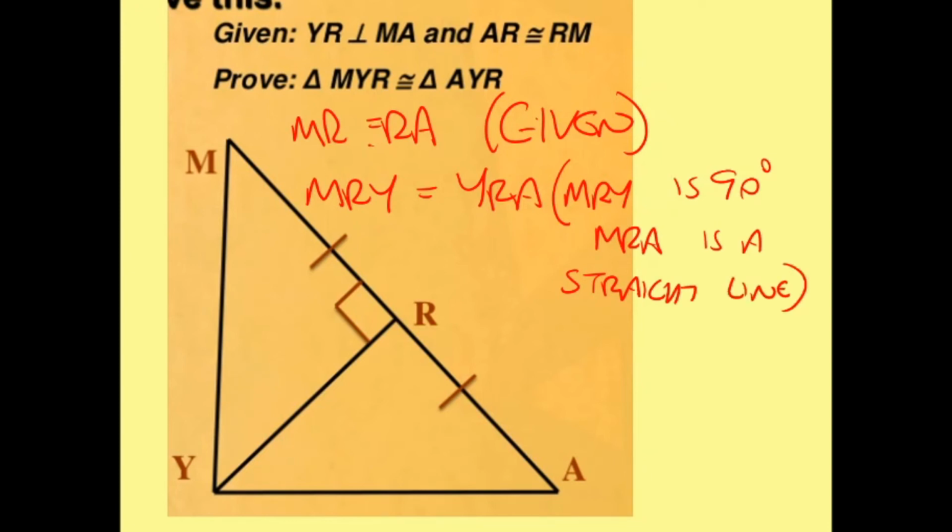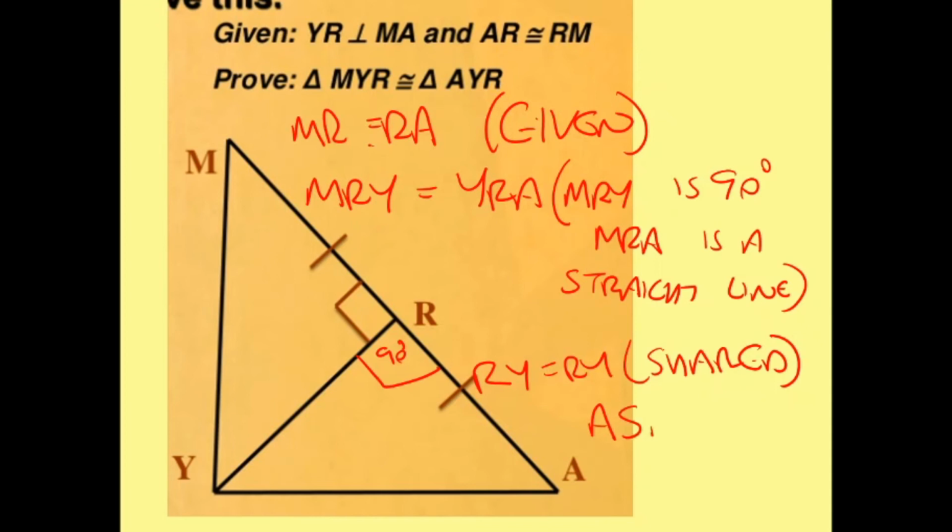And because it's a straight line, this must also be 90. But make sure that you put that in your response. You don't just assume that it is 90. Okay? And let's do the easy one, which I'll be honest, I always forget. RY has got to equal RY because they're shared. So that means that I've got angle side angle. Yep. Which means it's congruent.